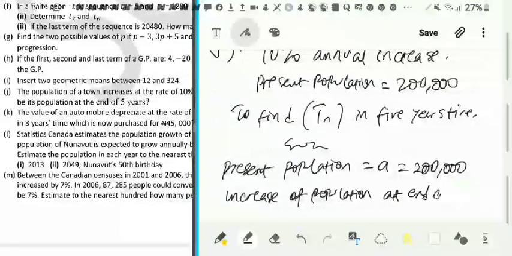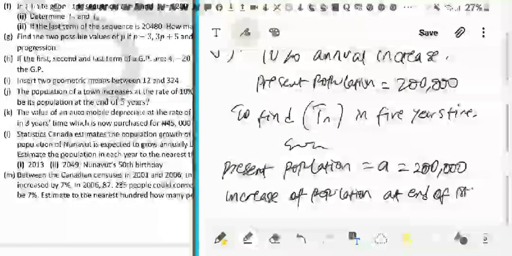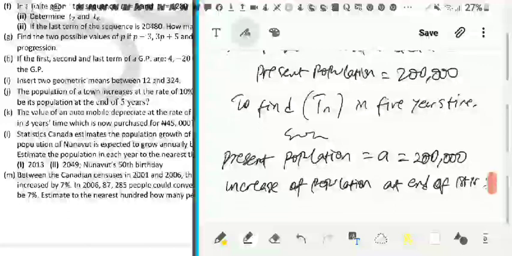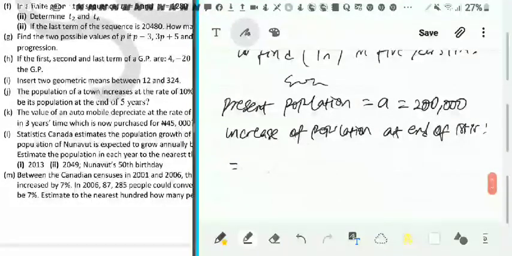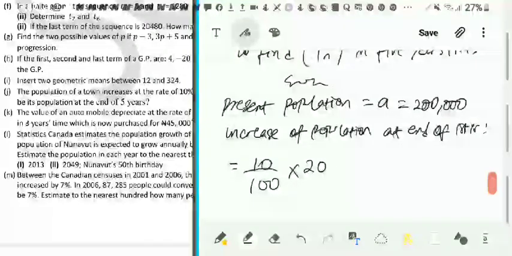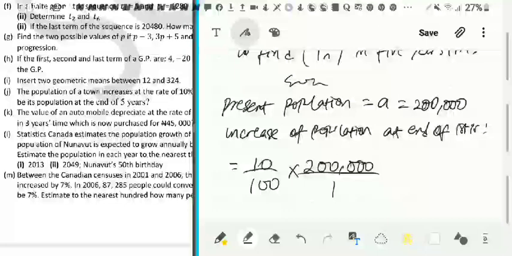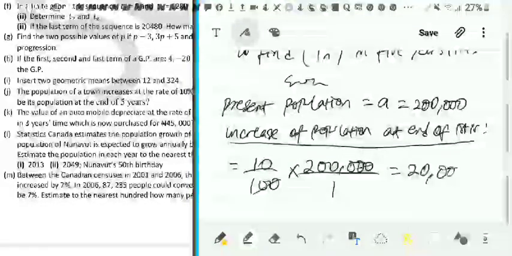Now what is the increase of population at the end of the first year? That will be equal to 10 over 100 times 200,000. The population is increasing at 10% annually, 10% of the current population. So the increase at the end of the first year is 10% of 200,000, which is 20,000.